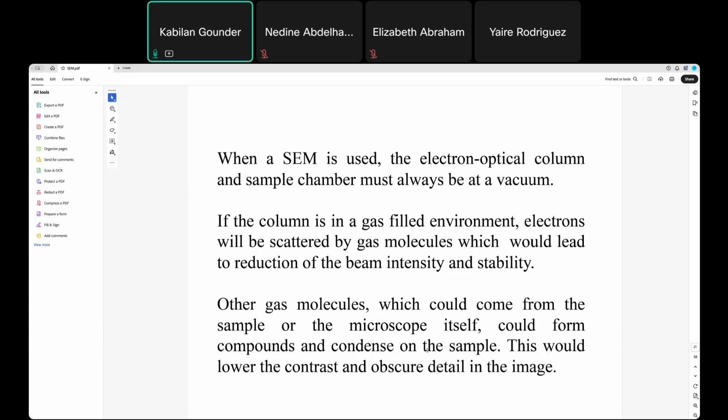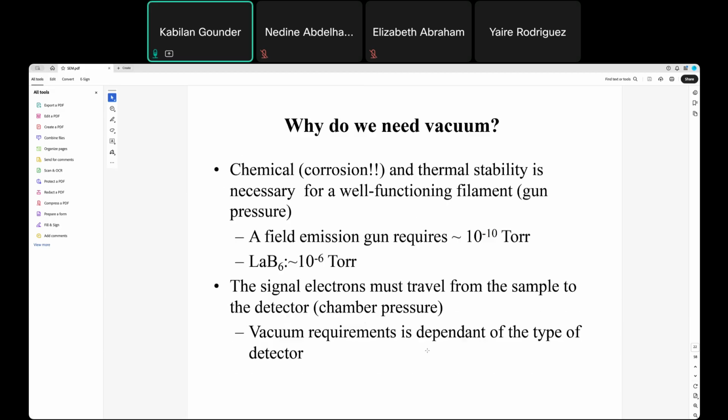That's one reason. Other gas molecules which could come from the sample or the microscope itself could form compounds and contamination on the sample. This would lower the contrast and obscure detail in the image.